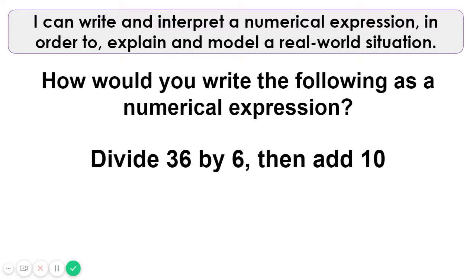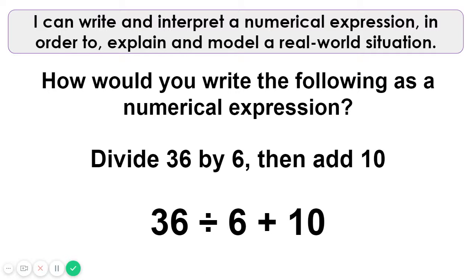So I know that division comes before addition. So my number sentence or numerical expression is going to read 36 divided by 6. Then I'm going to add 10. So 36 divided by 6 plus 10. That's what matches with my words.